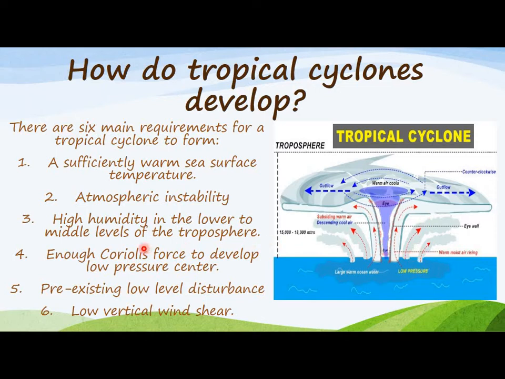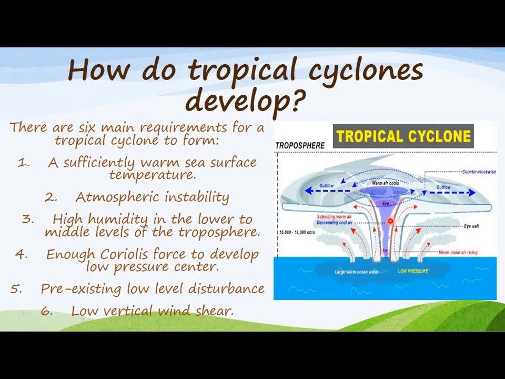Number 3, high humidity in the lower to middle levels of the troposphere. So yun nga, no, maraming nag-evaporate na tubig, no? Dahil nga sa sobrang tindi ng init, no, ang init ng tubig, init ng panahon, yan, nag-evaporate etong tubig na to at nag-turn siya into other forms. And then next, number 4 is enough Coriolis force to develop low pressure center.